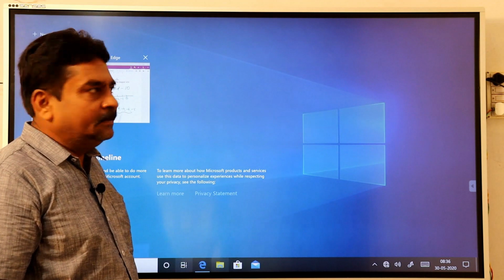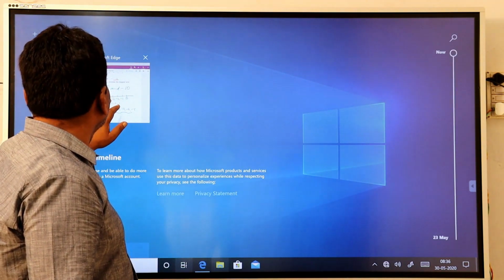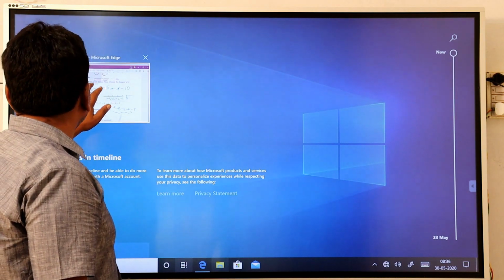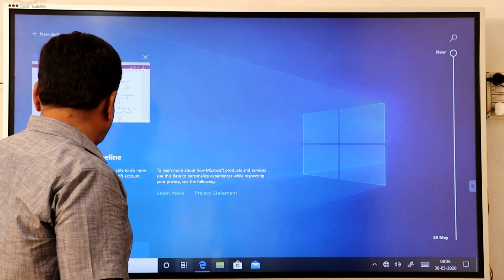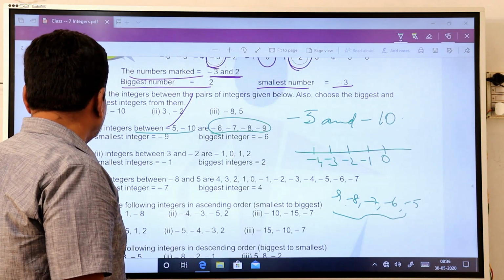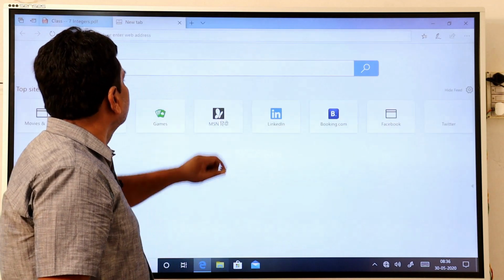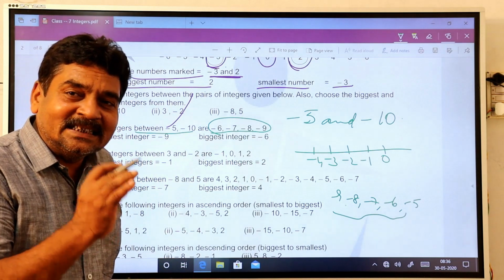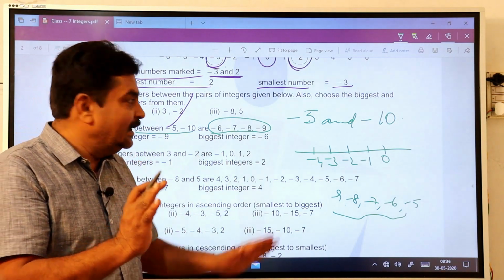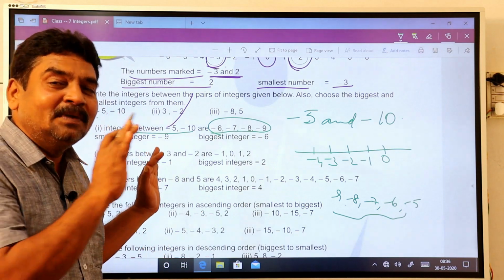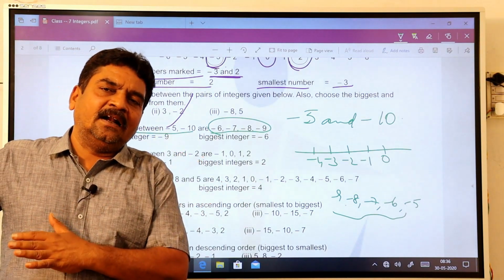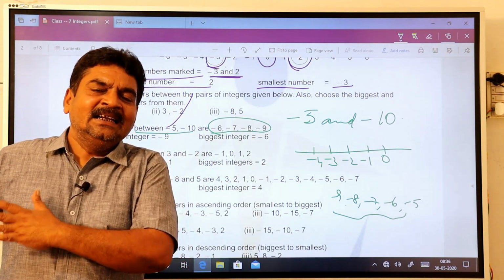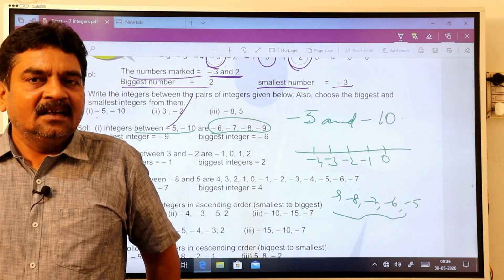Now out of this, you see the number which is nearer to the 0 on the negative side is bigger compared to the number which is far from the 0 on the number line in the negative direction, that is the left side.